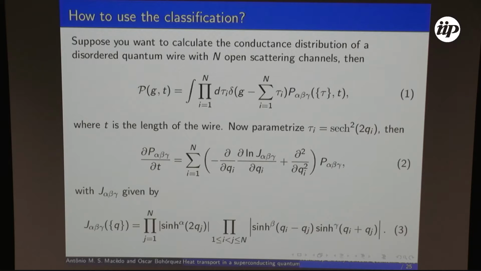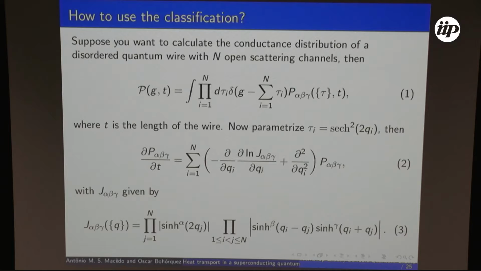So what you have to do is, first you have to connect the conductance to some scattering quantities, like the transmission matrix or the eigenvalues of the transmission matrix. And this is actually the Landauer formula, a famous relation between the conductance, the charge conductance, also the heat conductance has a similar relation, and the eigenvalues of T plus, where T is the transmission matrix.